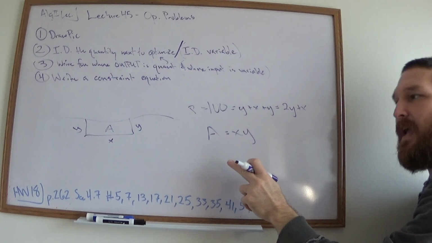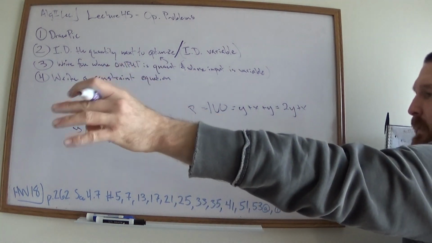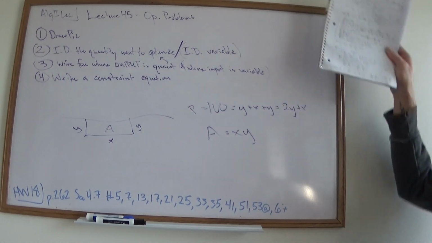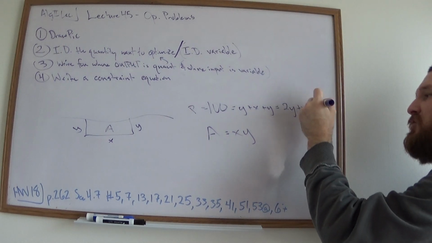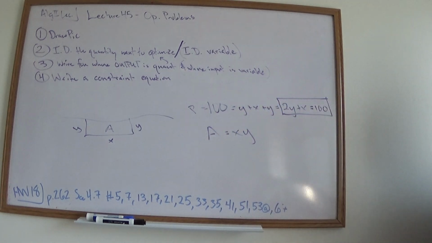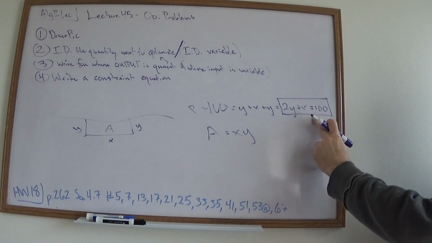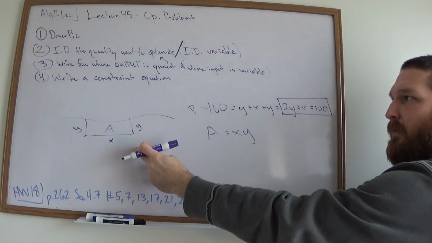That constrains, right? You can't just let x go off to infinity. You can't have y go off to infinity, right? There's something that constrains what you're doing. We call that the constraint equation. Okay, so in this case, that's your constraint for this guy right here.